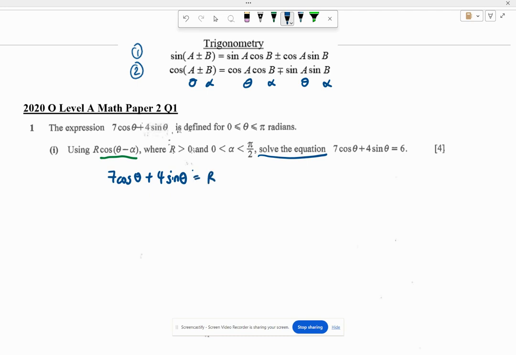Equals to R bracket cos theta cos alpha, and it is a minus. I have to do a plus sine theta sine alpha, and I rewrite it. I have r cos theta cos alpha, and bring the r to the next second term.